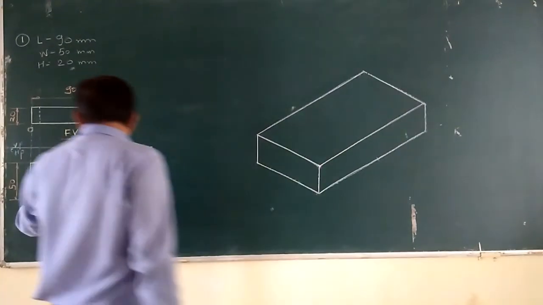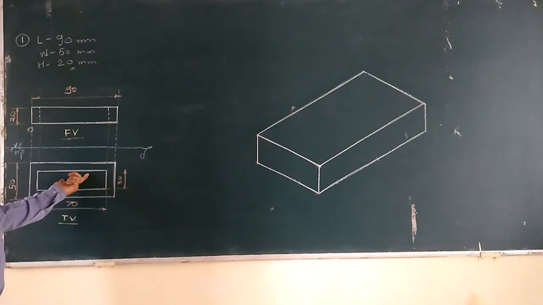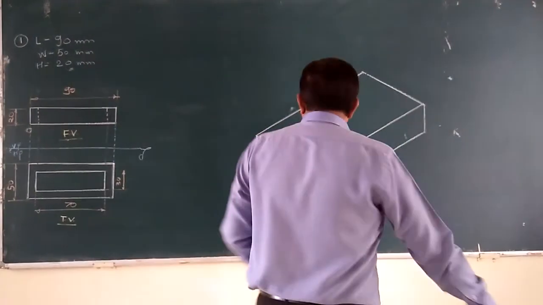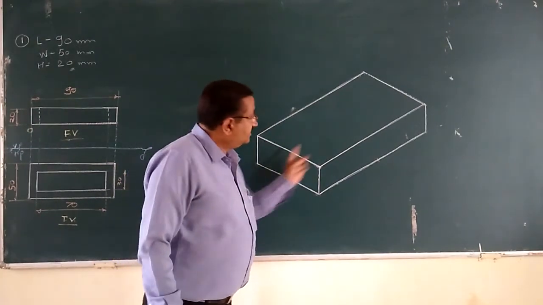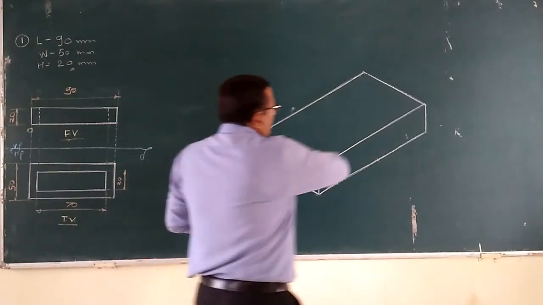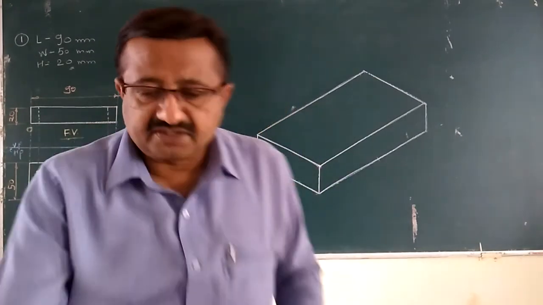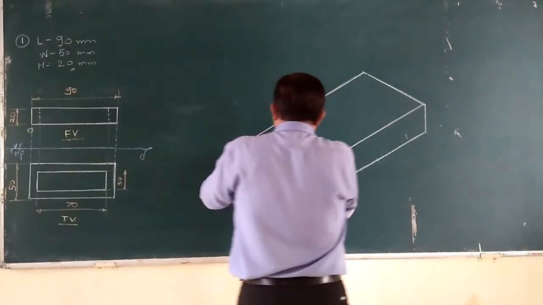What we have to do, centrally this rectangle part is cut. Okay, exactly at the middle of this surface. Now what we have to do then? Initially, we should start by marking the center lines on the top surface, of length as well as width. So first of all, mark the centers of the length and width in top view.